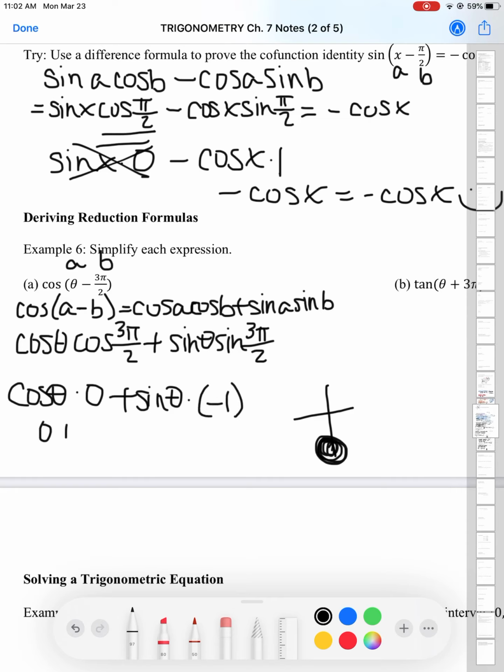So 0 plus negative sine theta would be negative sine theta.